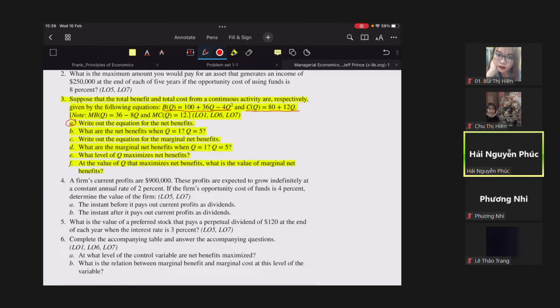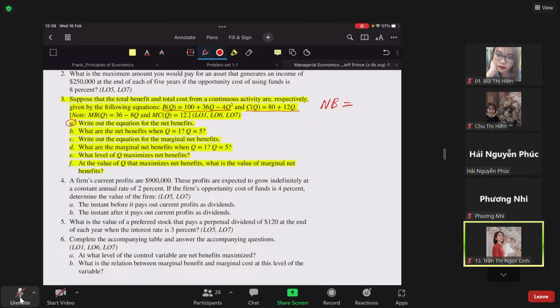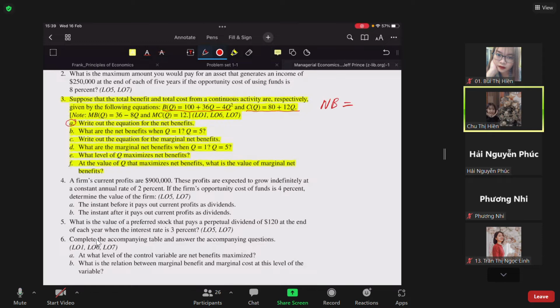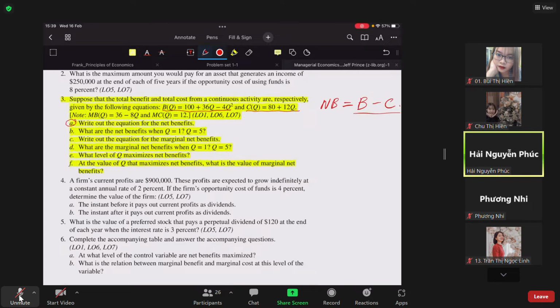So someone tell me please how we can derive the net benefit. What is the formula for net benefit? Yeah, that's correct. It is equal to the total benefit minus the total cost, right? That's good.